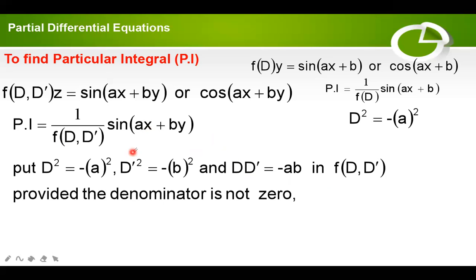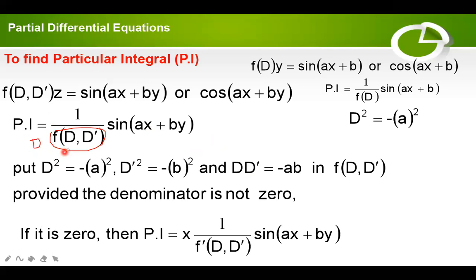If the denominator is equal to 0, we differentiate it with respect to capital D, multiply that value with x, and continue the same process. So now we will see one problem.